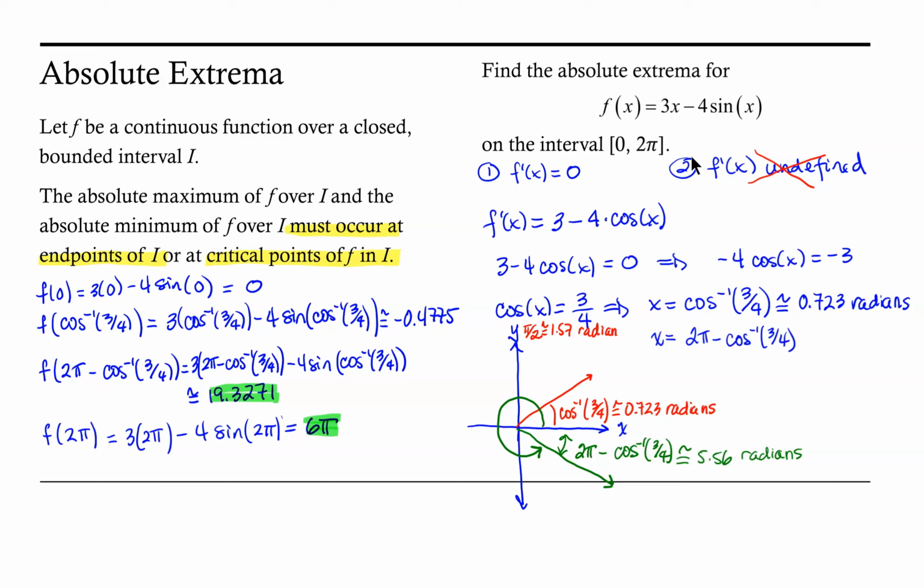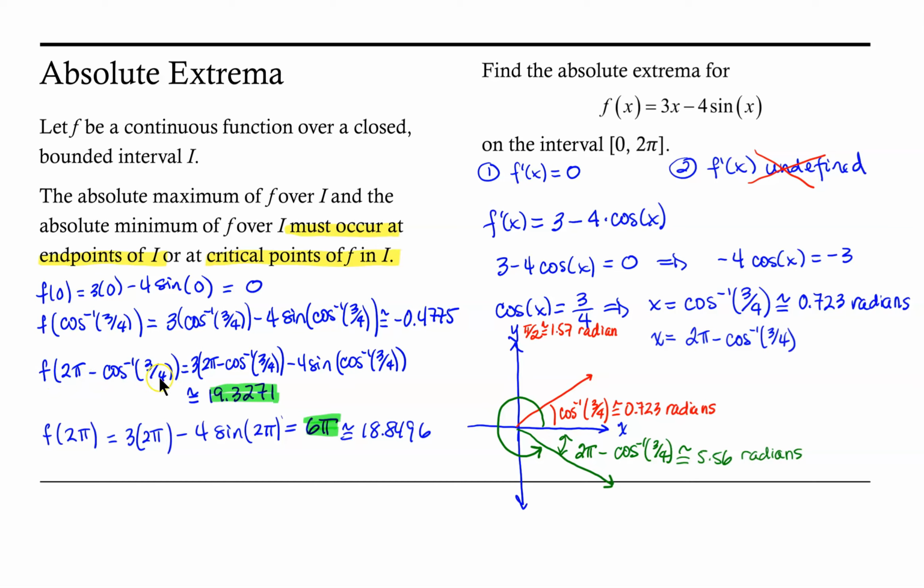So let's approximate 6 pi to 4 decimal places, which is approximately 18.8496. In this form, we can identify that our maximum value occurs at 2 pi minus arc cosine of 3/4.